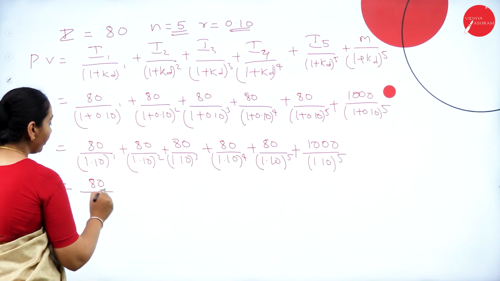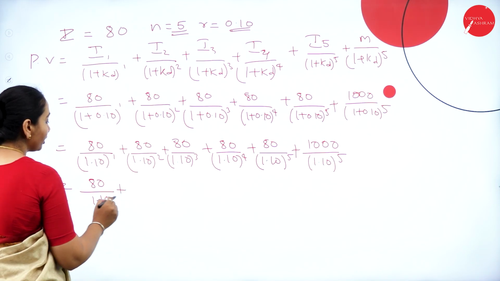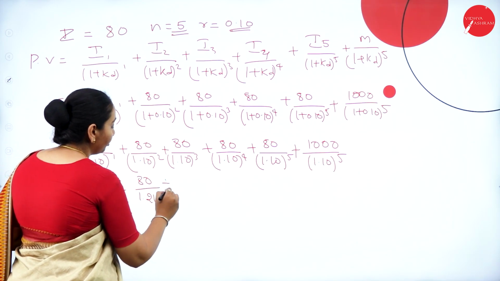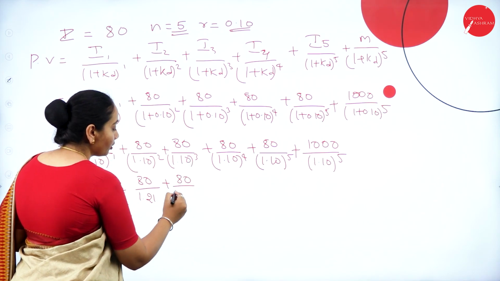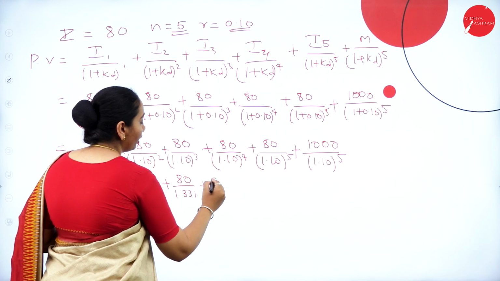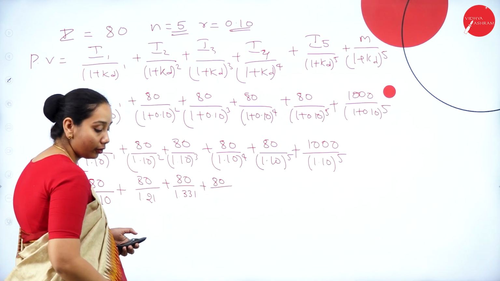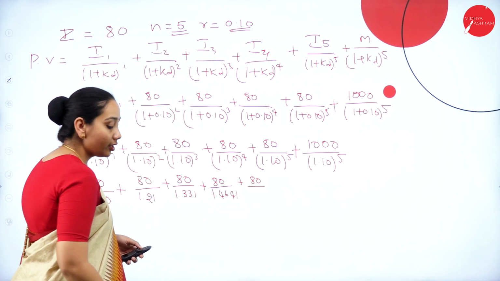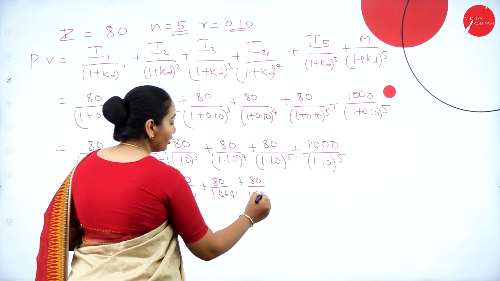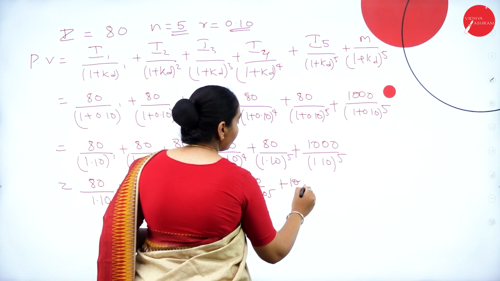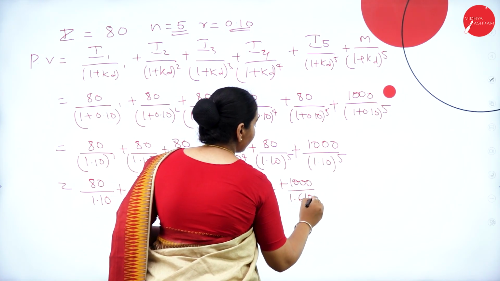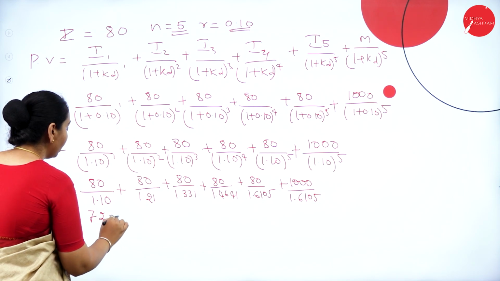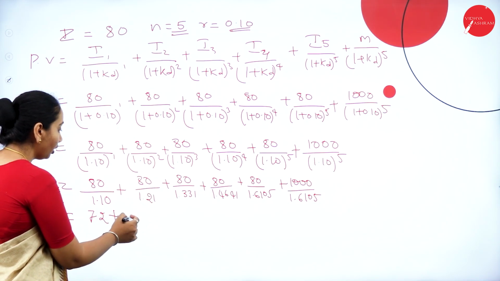That equals 80 divided by 1.10, plus 80 divided by 1.21, plus 80 divided by 1.331, plus 80 divided by 1.4641, plus 80 divided by 1.6105, plus 1000 divided by 1.6105.